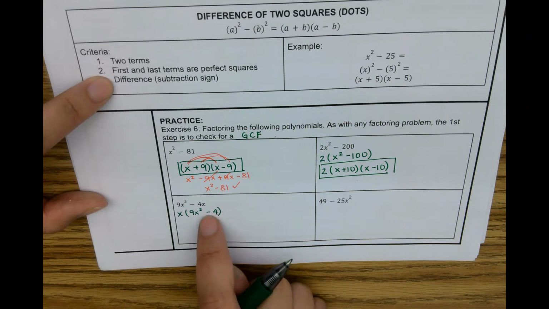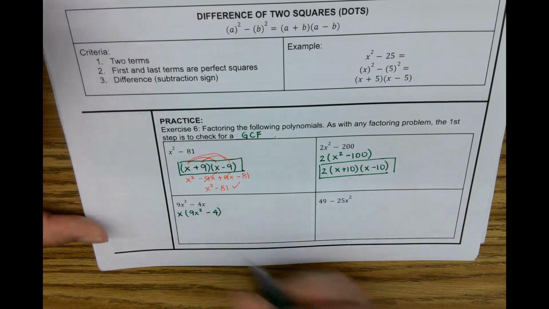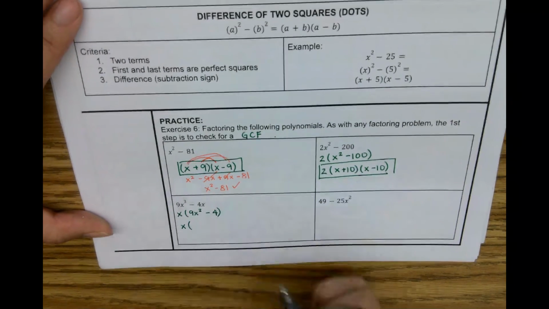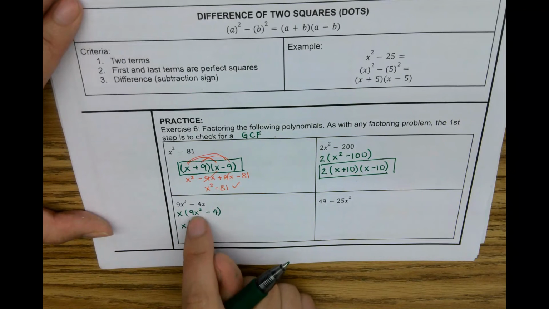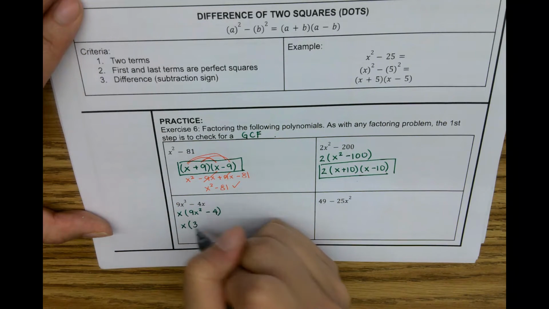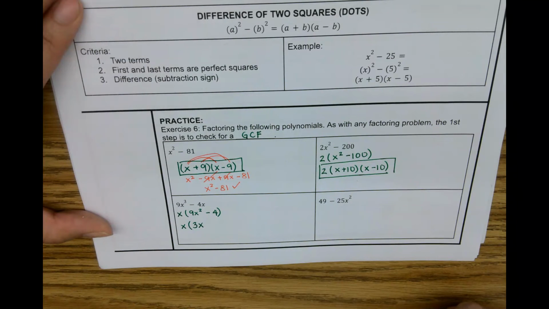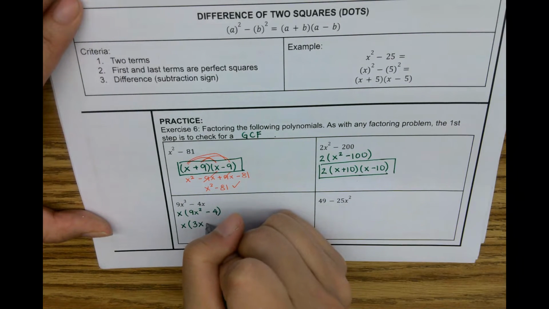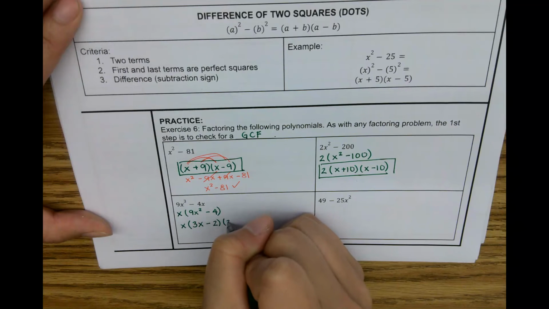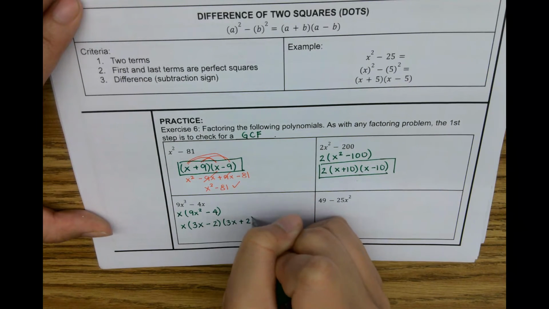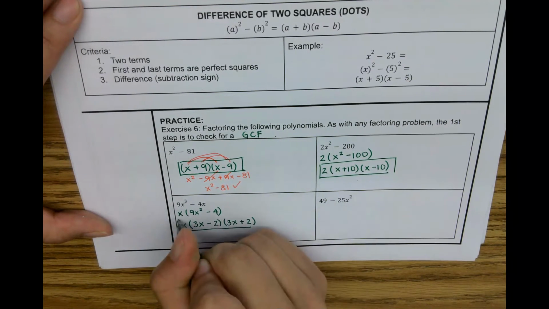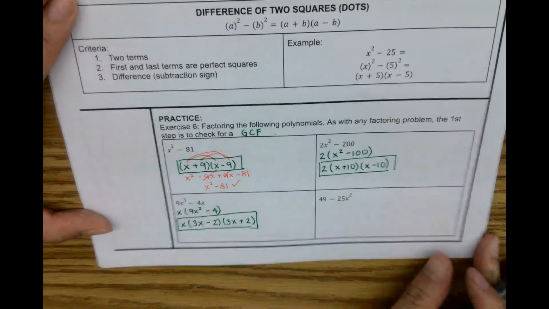Difference, yep, it is a subtraction sign in between. Square root of 9 is 3, square root of x squared gets rid of the square, square root of 4 is 2, so 3x minus 2 and 3x plus 2. There you go.